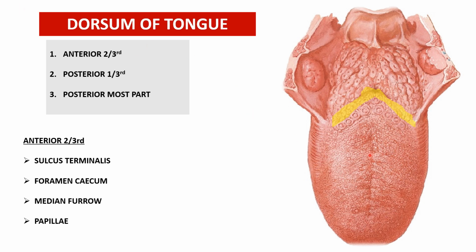Papillae are macroscopic projections seen on the anterior 2/3 of the dorsal surface. Remember, there are four types of papillae. Shortly I will explain the detailed structure of these papillae. But these papillae provide roughness to the anterior 2/3 portion of the dorsal surface.